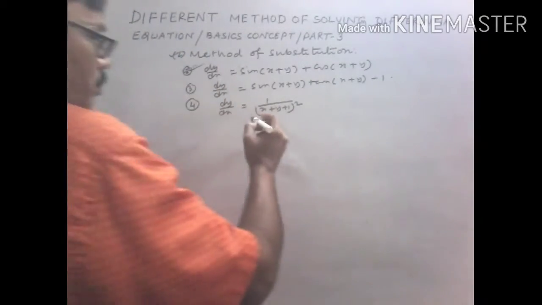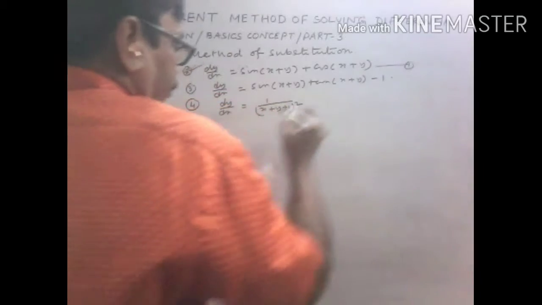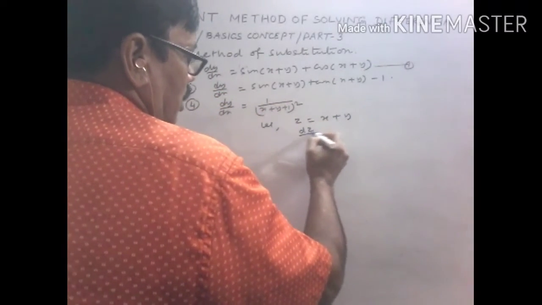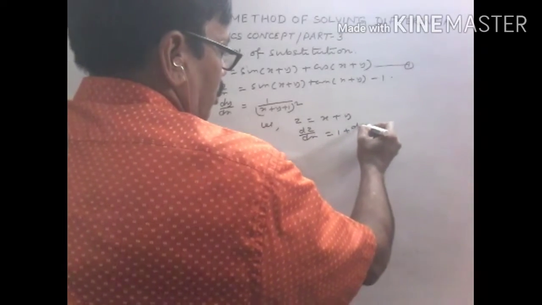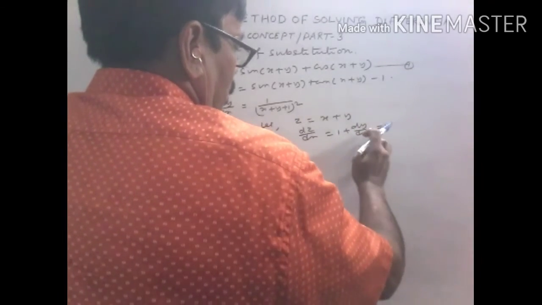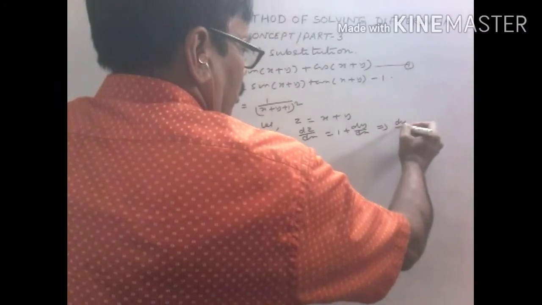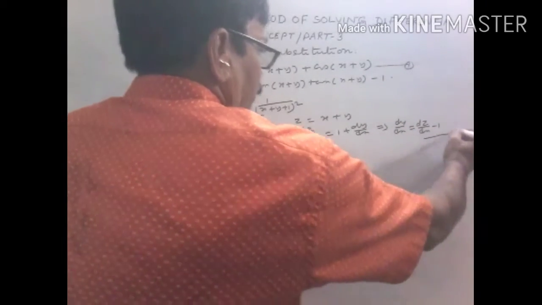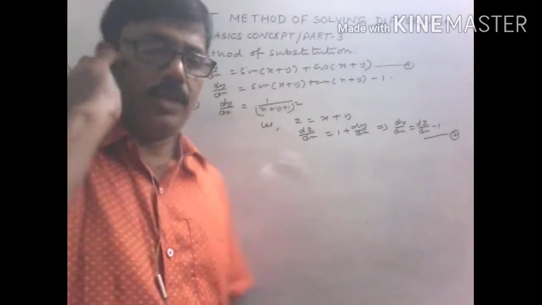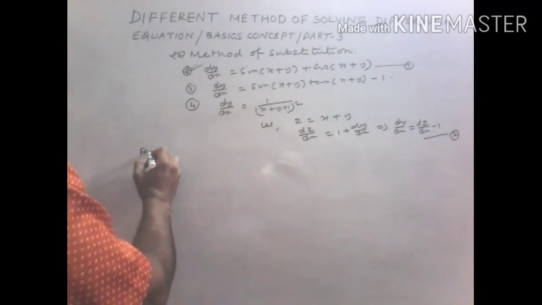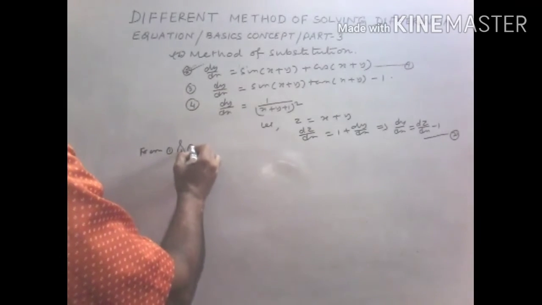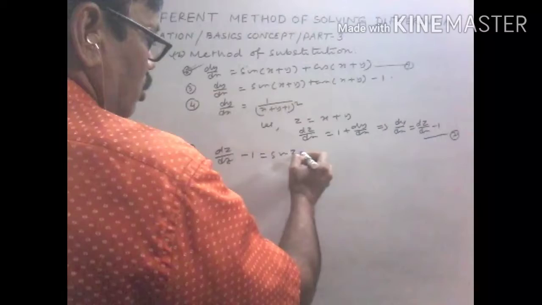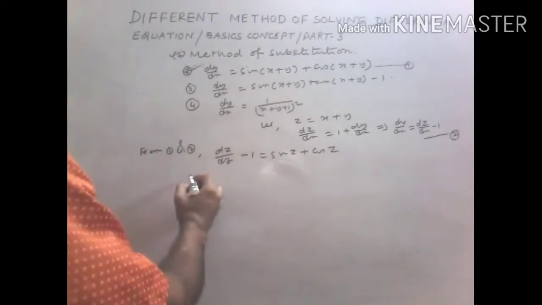So suppose problem number 2. So this is 1. Let z equal x plus y. So dz/dx equals 1 plus dy/dx. So dy/dx equals dz/dx minus 1. Call it 2. So from 1 and 2, what are we getting? dz/dx minus 1 equals sin z plus cos z.